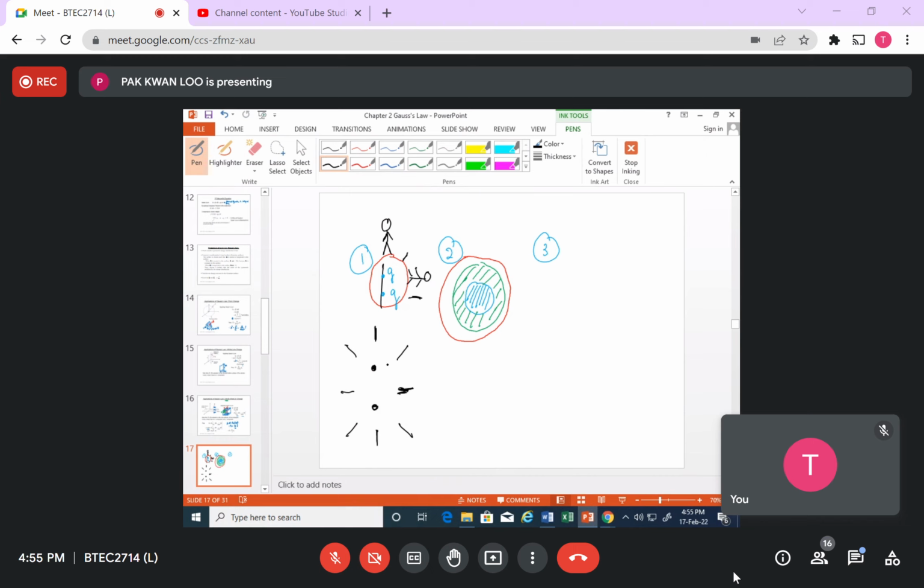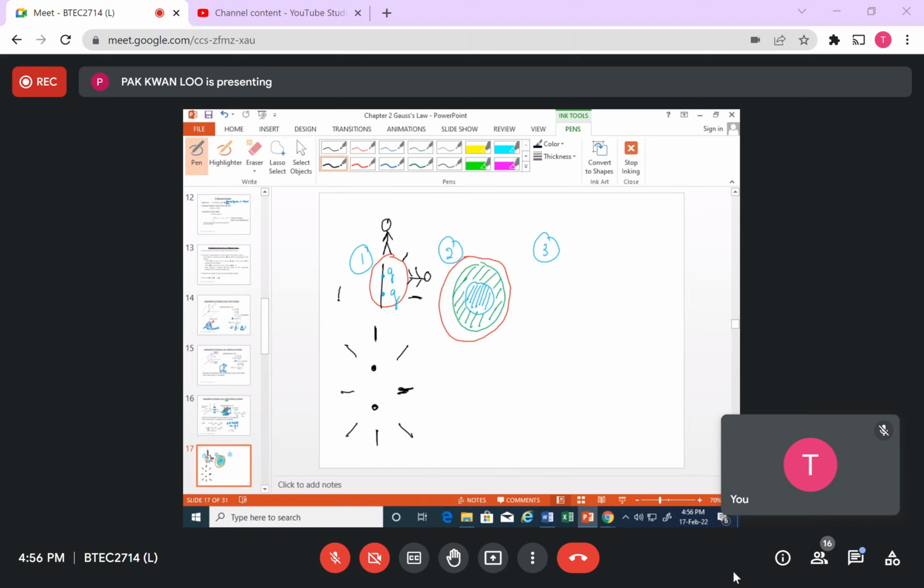That means from your point of view, the charge distribution is not maintained if you choose a spherical Gaussian surface. Okay, what about two?